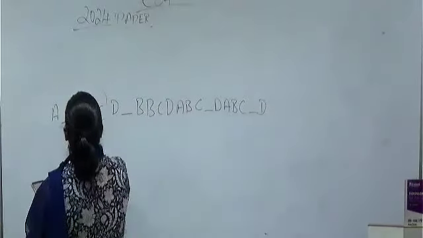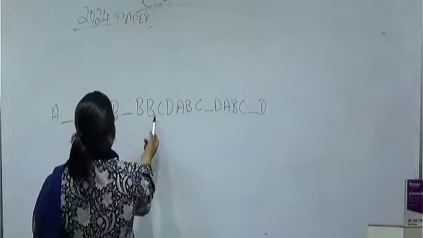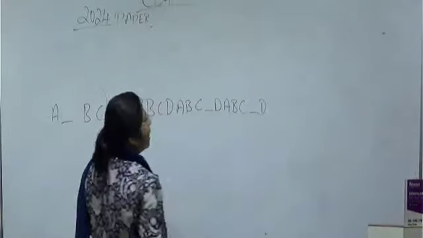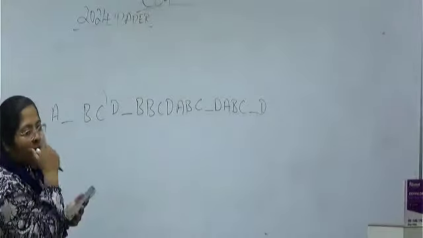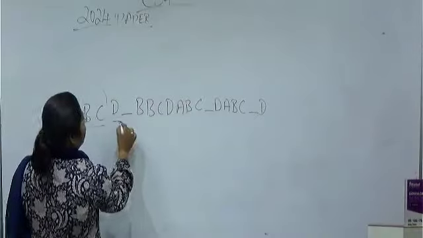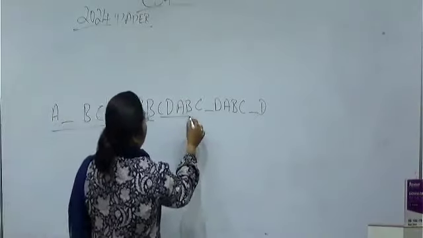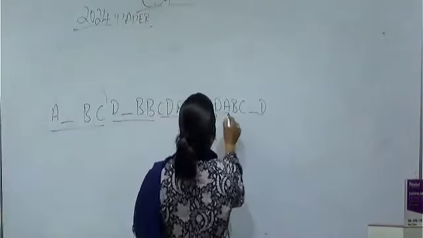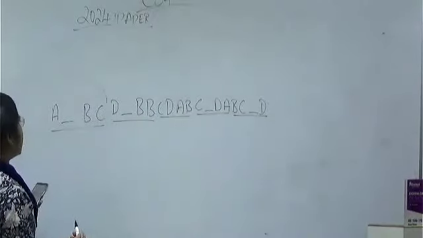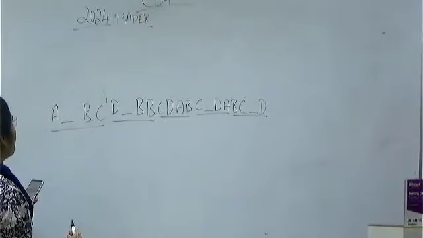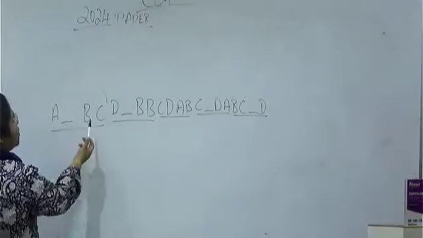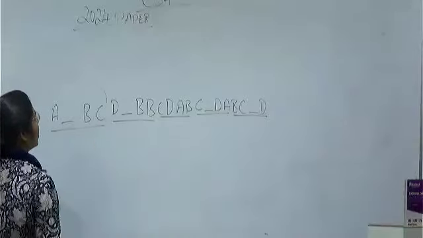Now you need to group: 1, 2, 3, 4, 5, 6, 7, 8, 9, 10, 11, 12, 13, 14, 15, 16, 17, 18, 19, 20. You can group it by 5 or 4. You need to just check: 4, 4, 4, this is 4 and this is 4. Are you seeing any pattern? A dash BC, D dash BB.